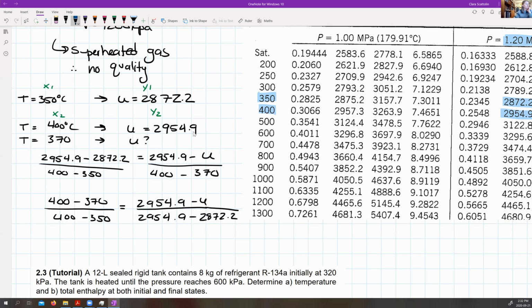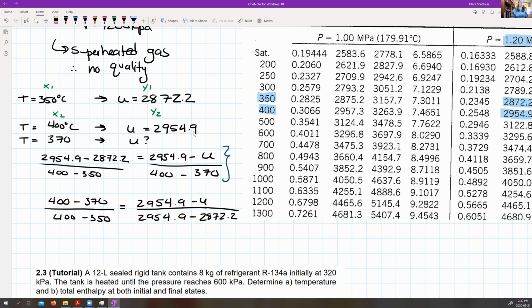This one here is sort of from the similar triangles equation of a line. This one here is temperature on one side, total internal energy on the other side. But you see, if I rearrange, basically all I did is I multiplied by and divided by that on both sides. So the equations can be rearranged many different ways.